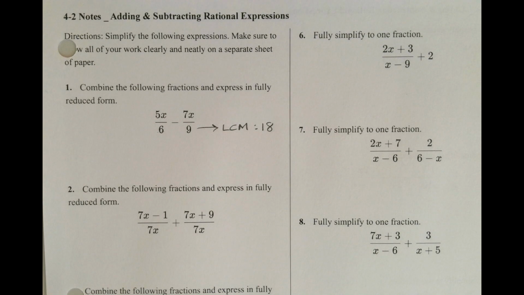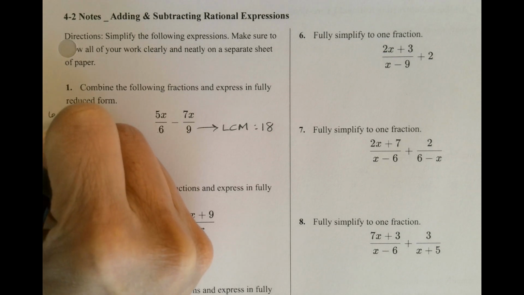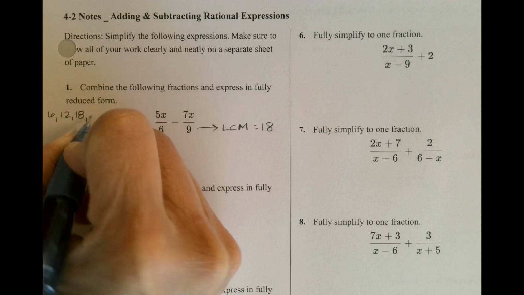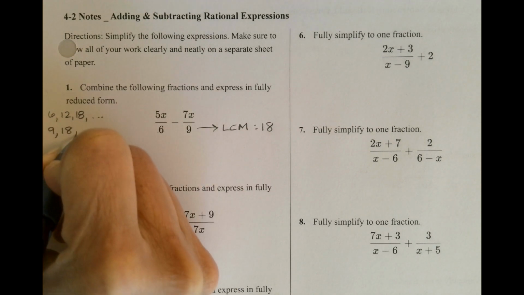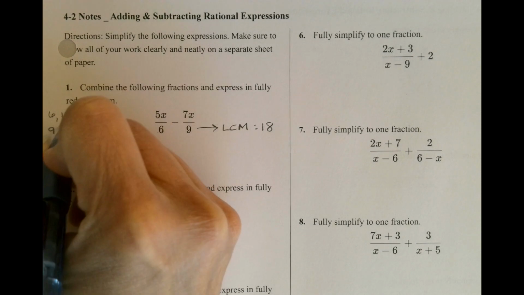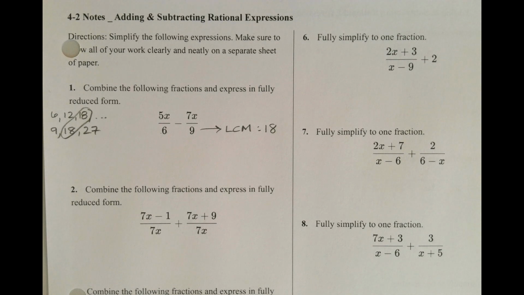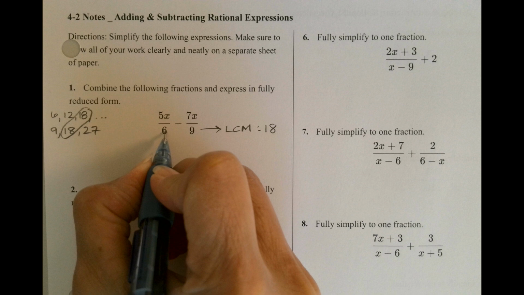Again, just least common multiples: 6 times 1, 6 times 2, 6 times 3, and so forth, and then 9 times 1, 9 times 2, 9 times 3. So you're looking for the least common multiple. So we need to force these to become 18. So I need to multiply 6 by what to get 18?